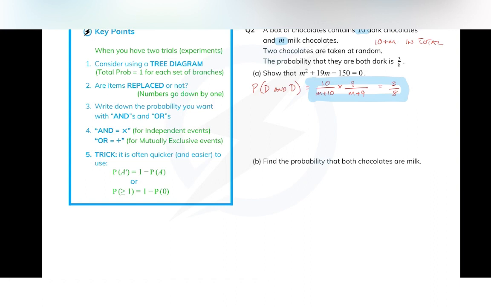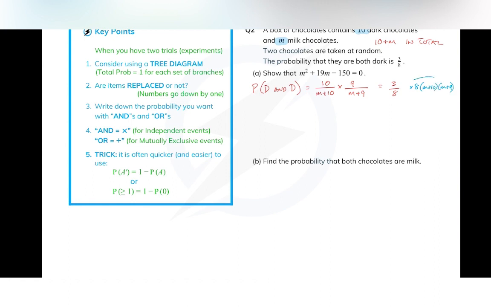So, we've followed the rules and we've written down an equation in m. And all we have to do now is sort that equation out and make it look like this. Well, the rules for solving equations are we get rid of fractions. So we're going to multiply everything here by the 8. And we're also going to multiply by the m plus 10 and the m plus 9.